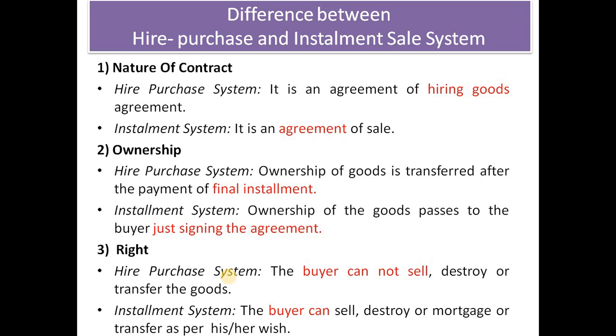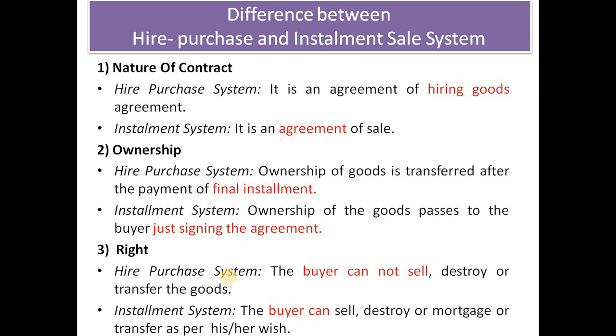Ownership. The next point of difference between hire purchase and installment sale system is ownership. Ownership of goods is transferred after payment of the final installment, and in case of installment sale system, just by signing the agreement, ownership transfers from the seller to the buyer. So this is again one of the most important differences.